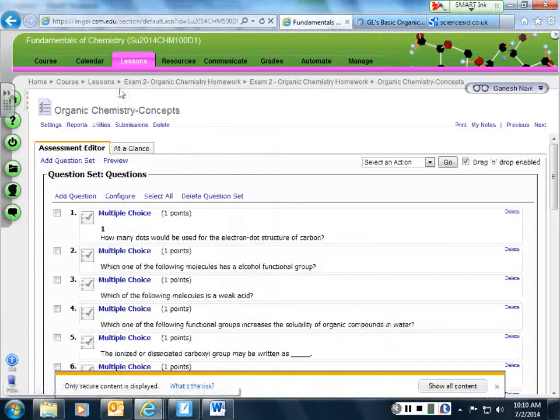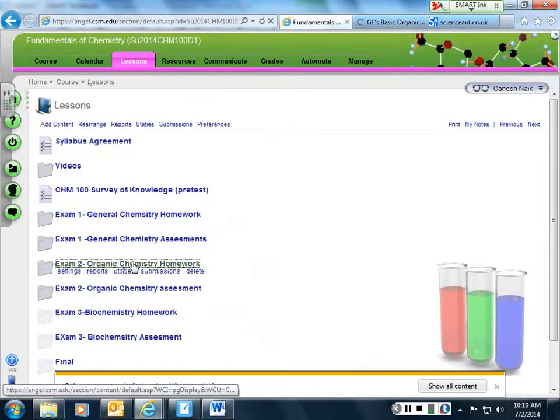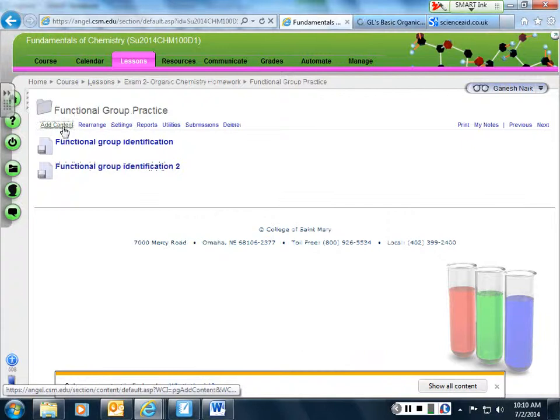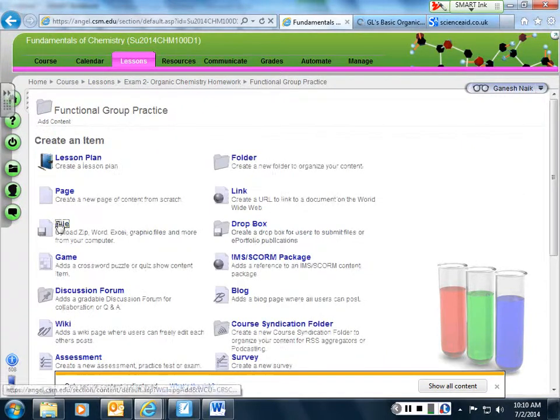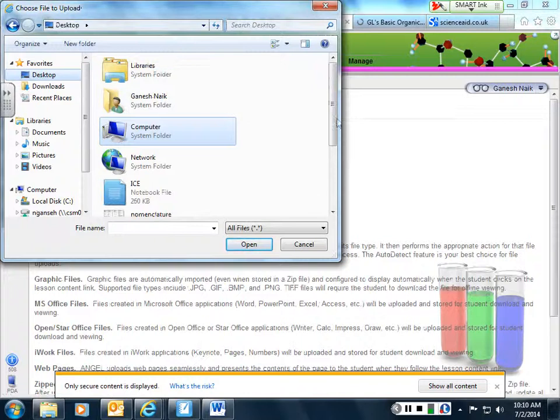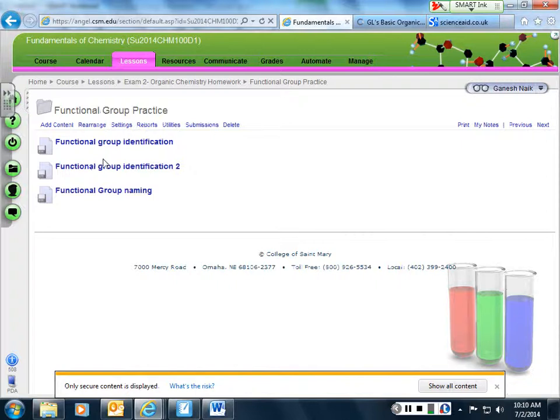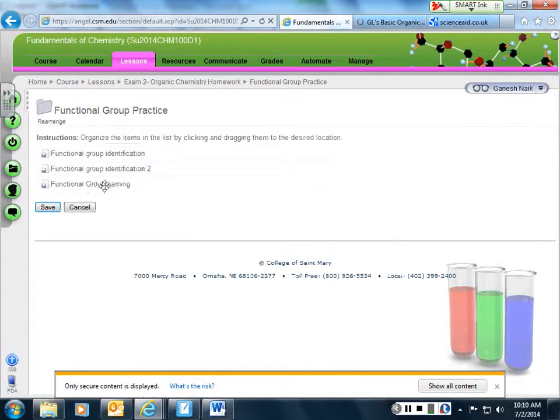Let's see. Lessons, okay. Homework, functional group practice, add content, file, browse, desktop. Functional group naming, load file. Okay, rearrange. Let's see if it goes first.